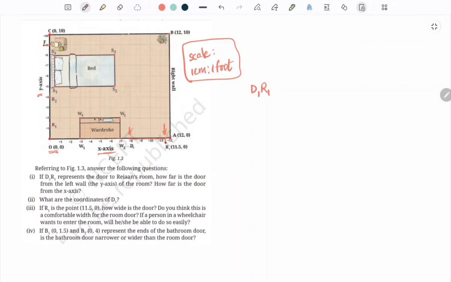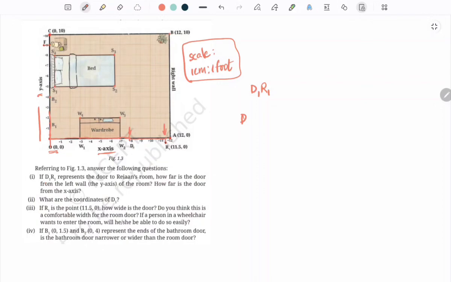How far is the door from the left wall, the y-axis? So this is the y-axis, and we have to find this distance. The first point where the door is visible is D1, right? So we have to find this distance from the y-axis.